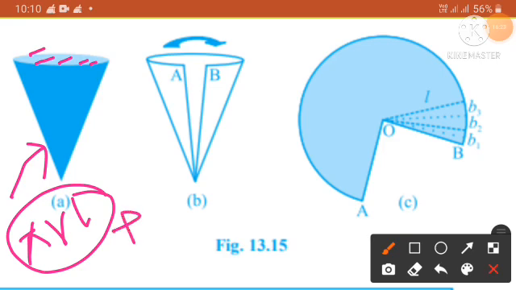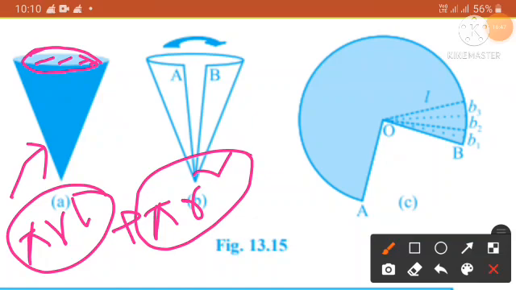So the total area will be pi r L plus pi r square. But if the portion is not enclosed here, then we will not be taking pi r square.